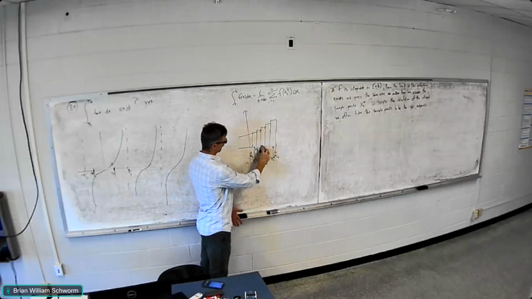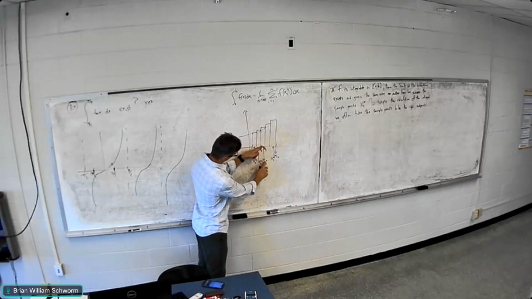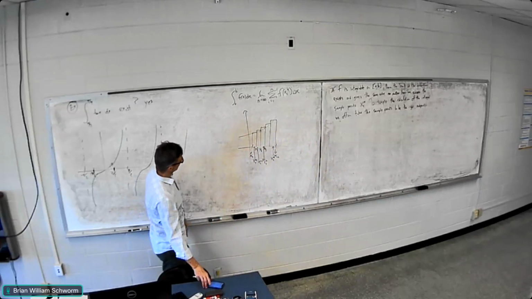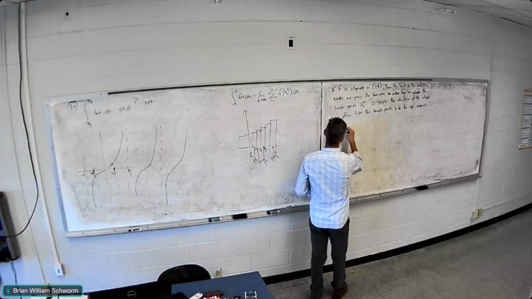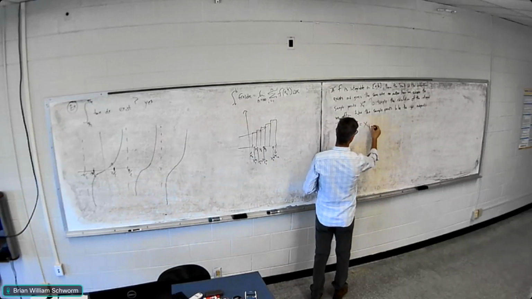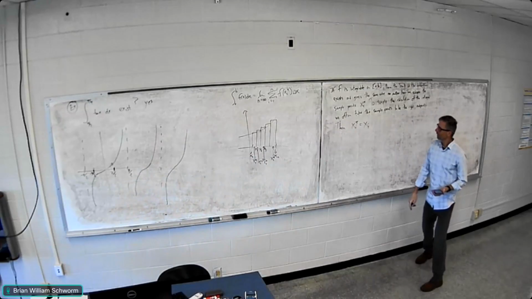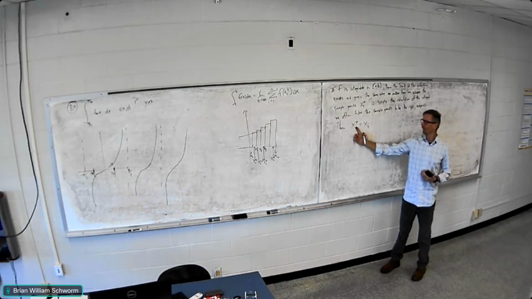Instead of some random x value in the third rectangle, pick the right side. So instead of a random x3 star, pick the x3. Then x i star is picked to be the x sub i. So this looks like a kind of trivial equation, but it's saying instead of a random x value in the interval, we're picking the specific x value that is the right side.